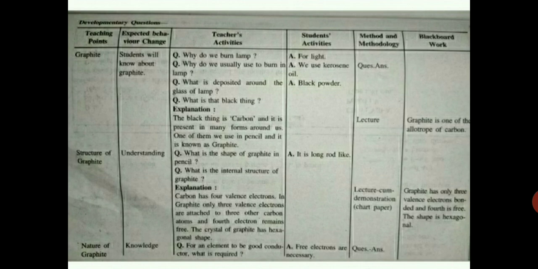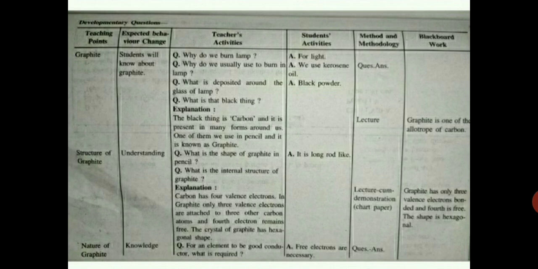Now the teacher will explain what the structure of graphite is: the carbon is surrounded by 4 atoms. The 3 atoms are properly bonded in a strong bond, but the 4th electron remains free, and this 4th electron gives it the slippery touch. This 4th electron is joined to another carbon by van der Waals force, and so on. In this way we will tell the students about the structure of graphite.